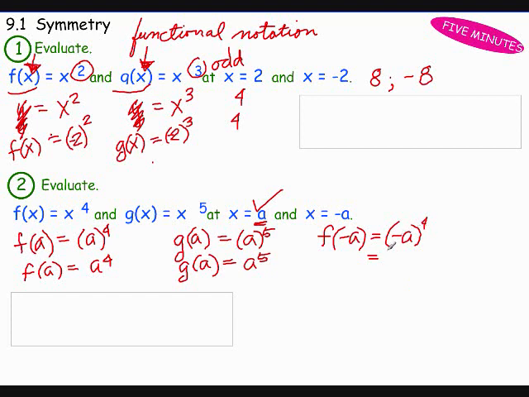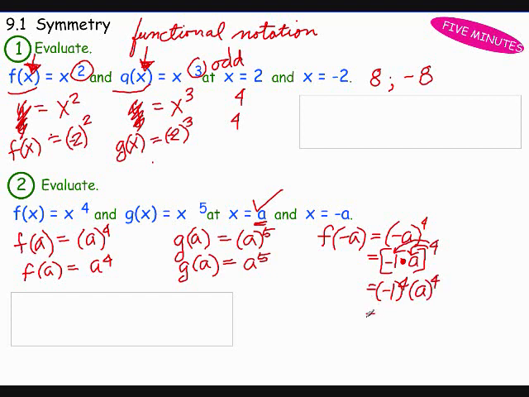Maybe it'll help if I look at this as negative 1 times a positive a. I could do it that way, right? And then I could distribute my 4 to the coefficient and to the variable. I would have negative 1 raised to the 4th power and a raised to the 4th power.